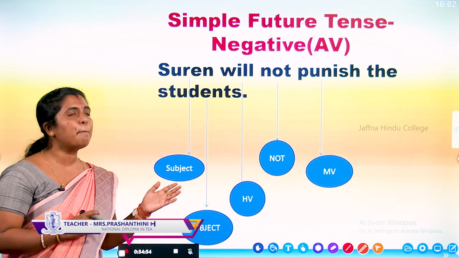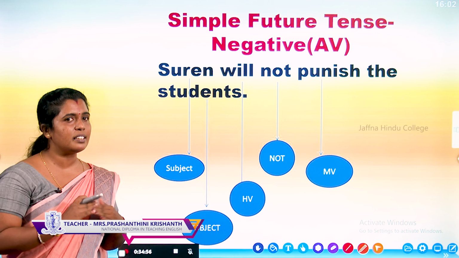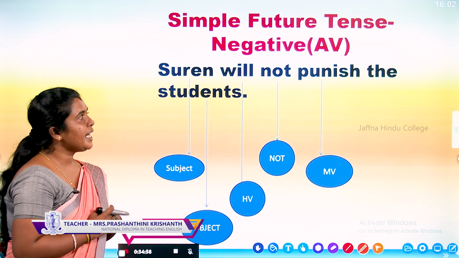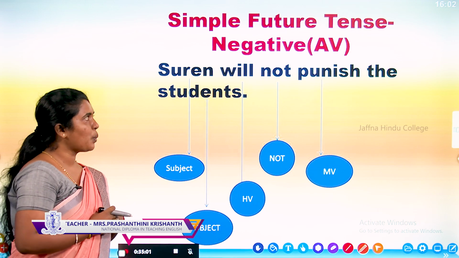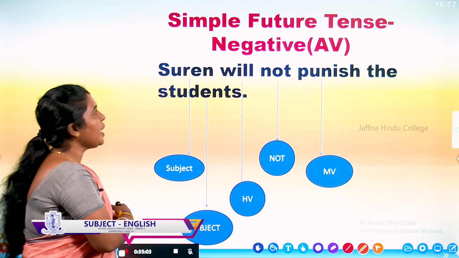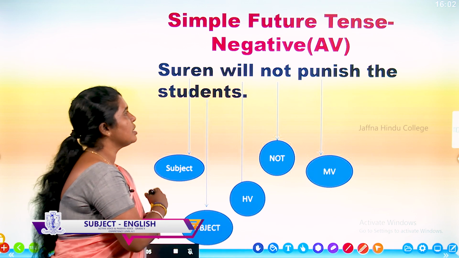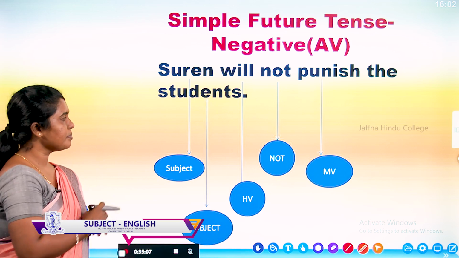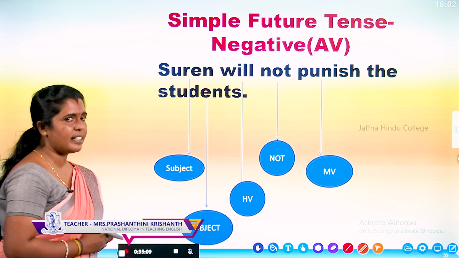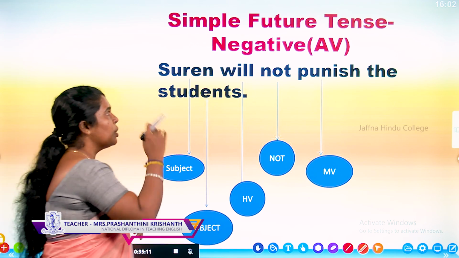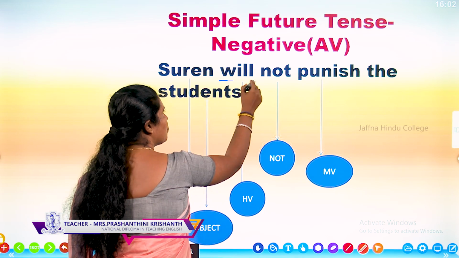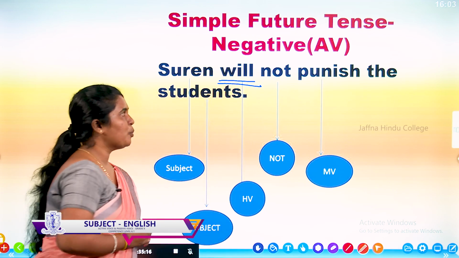So this is simple future tense, right? The final tense. Negative form of active voice. Okay? See there. Suren will not punish the students. So the subject of the sentence is Suren. What is the helping verb here? Will. Helping verb.